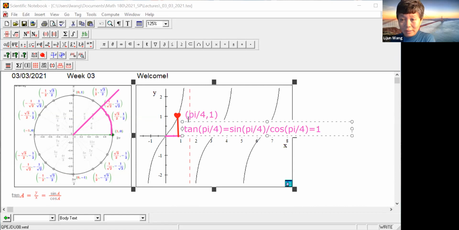But in your calculus class, they want you to understand what happens if x is approaching pi over 2 from both directions. Your arc length is getting closer to pi over 2. Not equal to pi over 2, never, but getting very, very close to pi over 2.